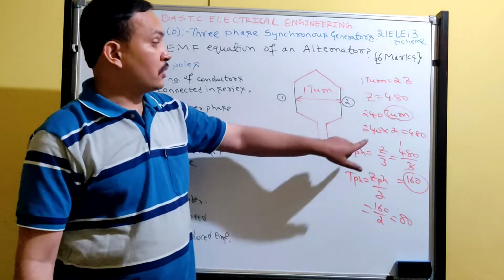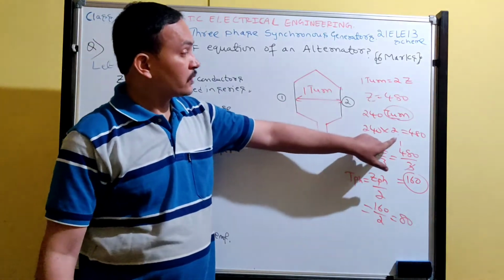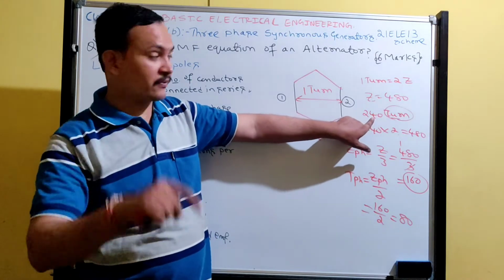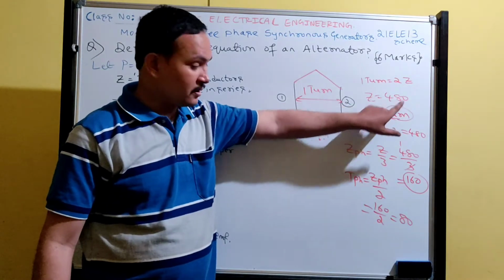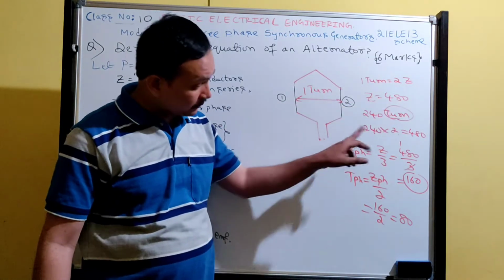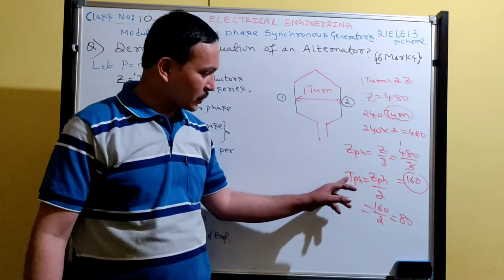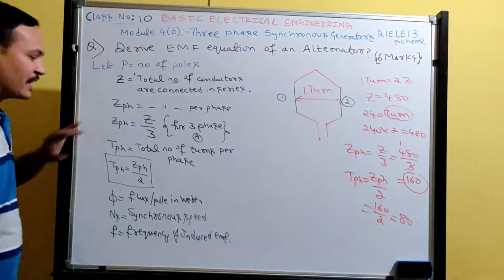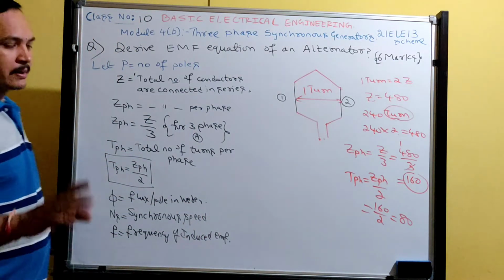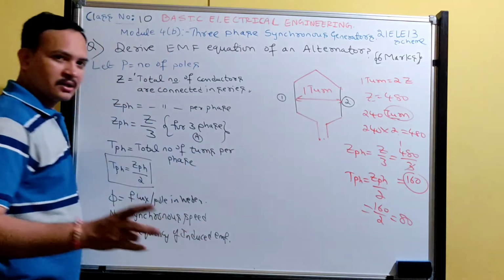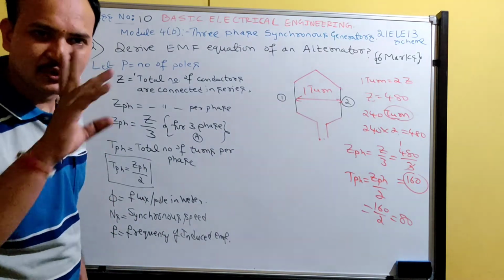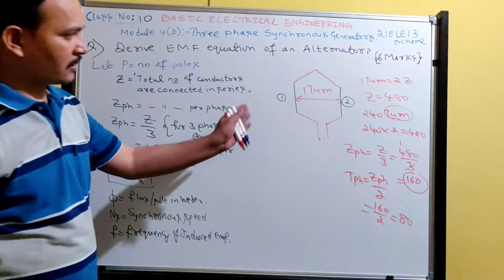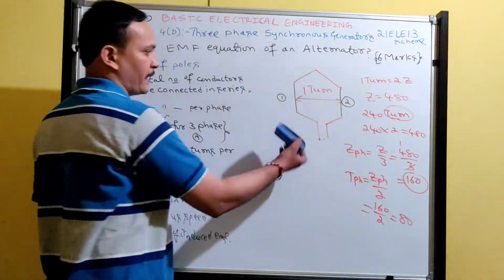The total number of turns is 240, the total number of conductors is 480, the total number of conductors per phase is 160, and the number of turns per phase is 80. Remember, one turn requires 2 conductors. If you need, you can write it in a rough part. I am going to erase this.